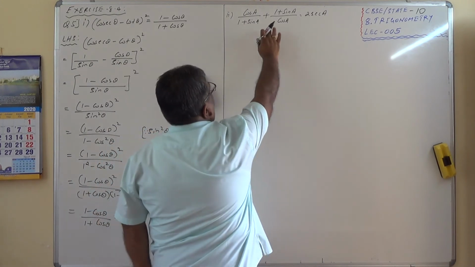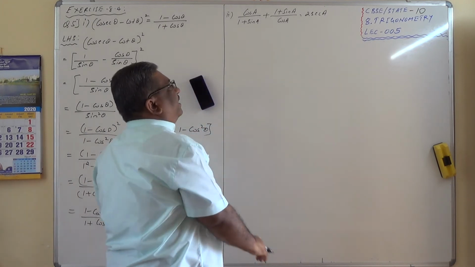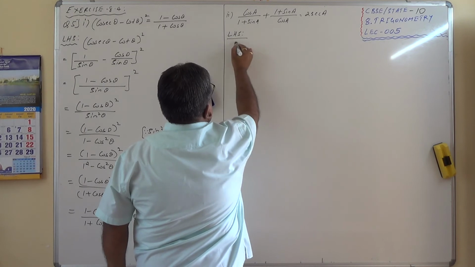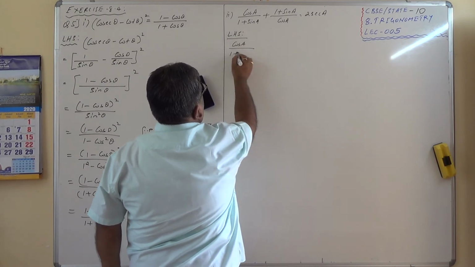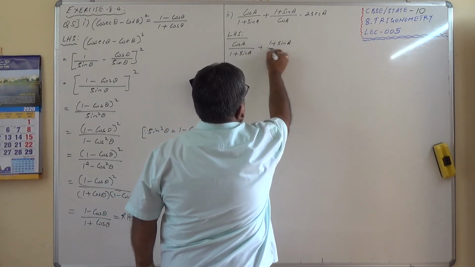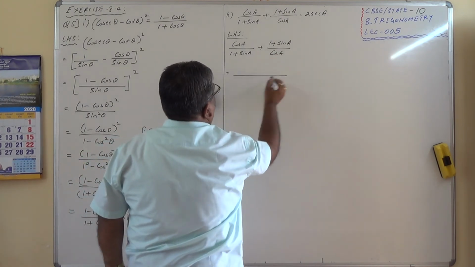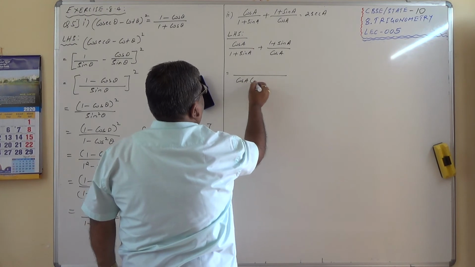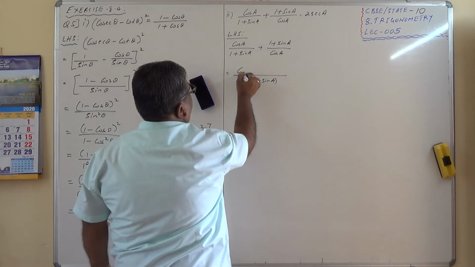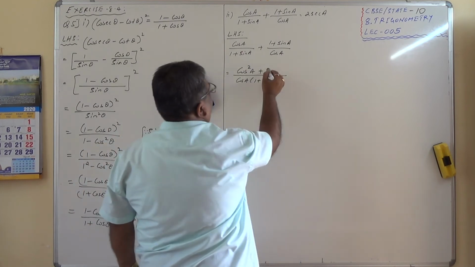Second question, to prove cos A by 1 plus sin A plus 1 plus sin A by cos A equals 2 times secant A. LHS: cos A by 1 plus sin A plus 1 plus sin A divided by cos A, LCM is cos A into bracket 1 plus sin A, so this will be cos square A plus 1 plus sin A the whole square.